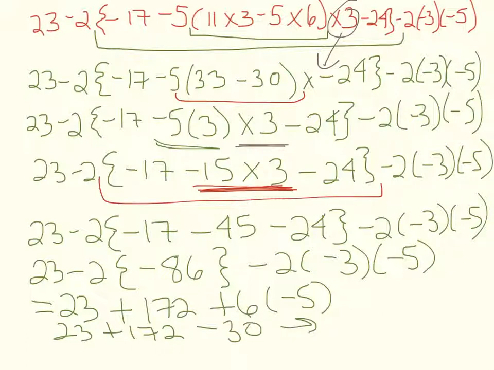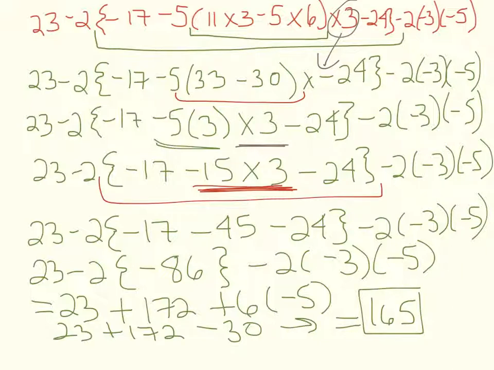And now we're down to just adding and subtracting our value. So 23 plus 172, and then we take away 30 from that, will actually give us a final answer of positive 165. So I hope this helps if you're struggling with some of these longer BEDMAS questions.